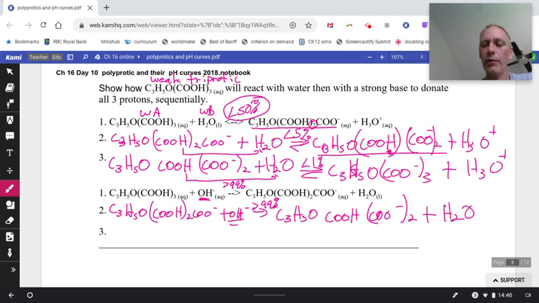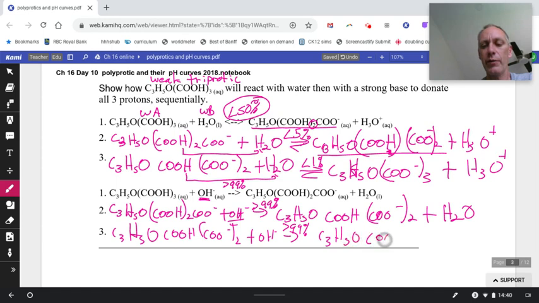And H2O, and then the last one, C3H5O(COOH)(COO minus)2, and a strong base gives us greater than 99%. C3H5O(COO minus)3, and water.